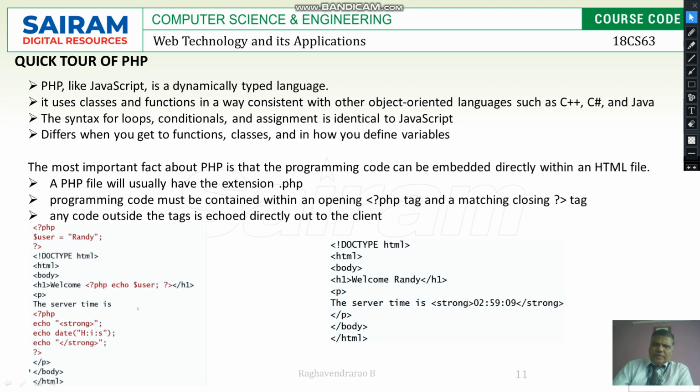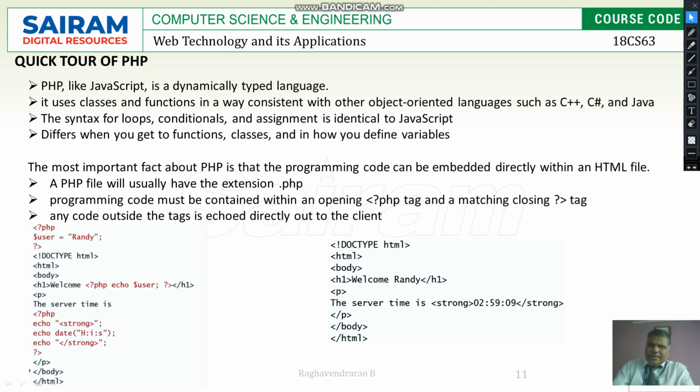So here is the example. It starts with the PHP tag, then $user. This is the definition of variables, which is where it differs. It uses the $ sign: $user equals Randy Connolly, and the tag closes here. Then HTML body, H1 welcome to.